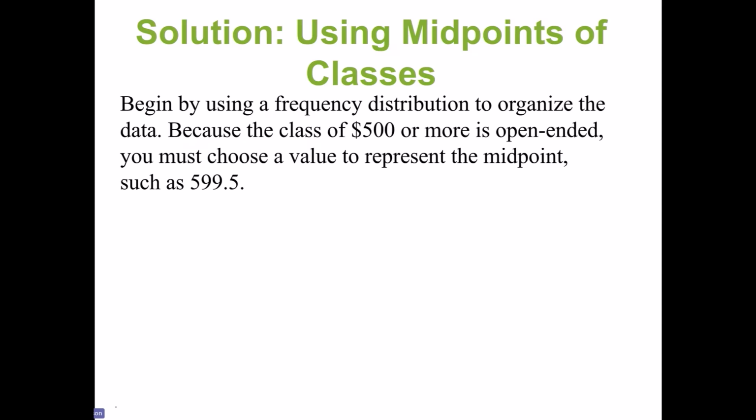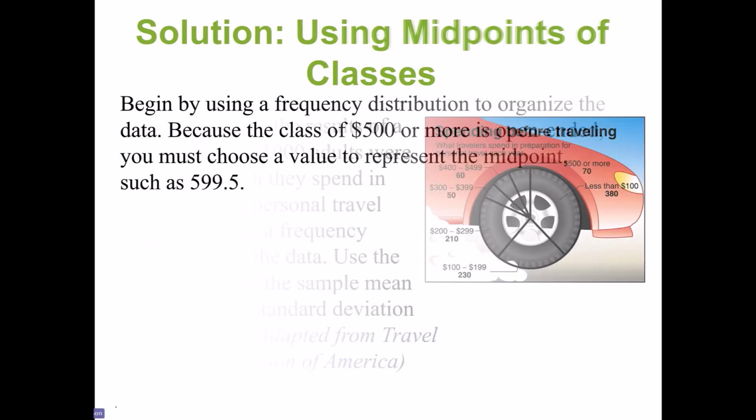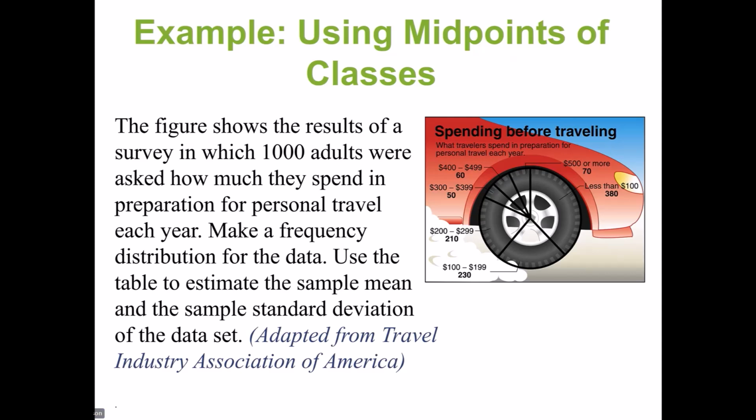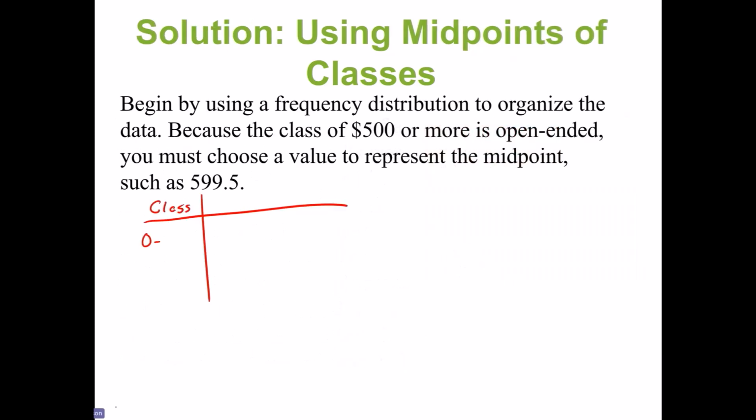So if we set our classes up, we'd have the first class going off of that graph: less than $100, so that's 0 to 99 since it's less than $100.